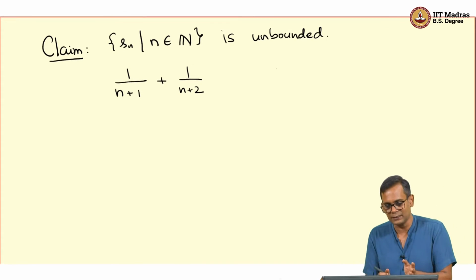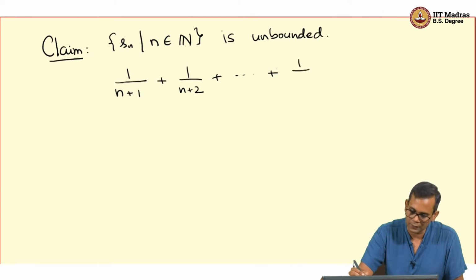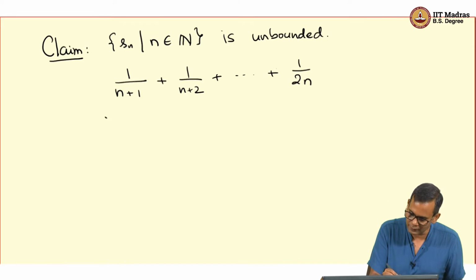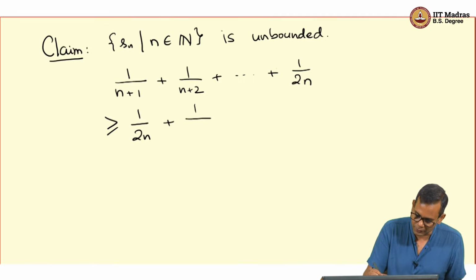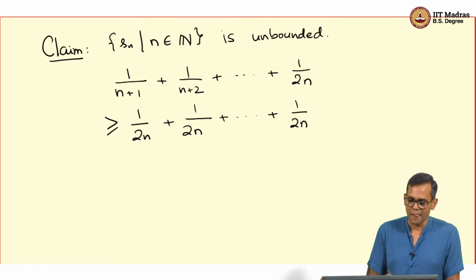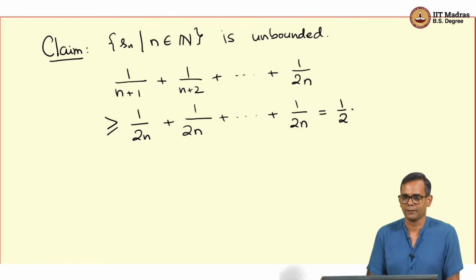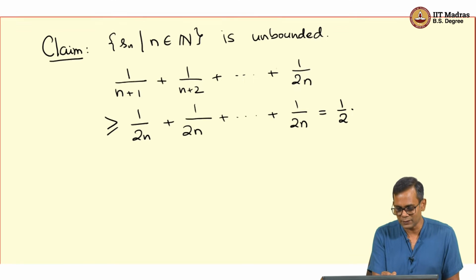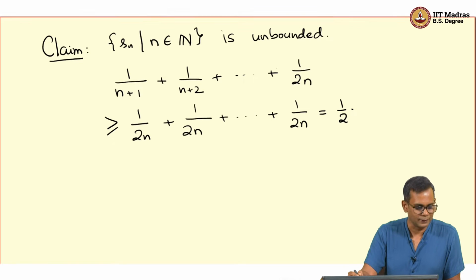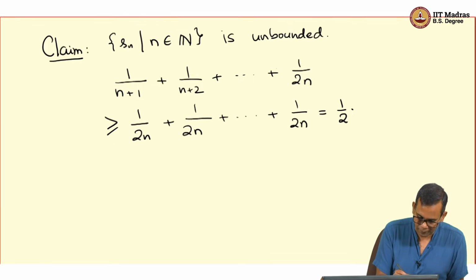So, wherever I start in this series, if I take enough terms, so I go up to 1 over 2n, then 1 over n plus 1 is greater than 1 over 2n. 1 over n plus 2 is also greater than 1 over 2n, well, provided n is greater than 2, and so this is greater than n times 1 over 2n, but that is just equal to 1 by 2. So, if I take terms of the series starting from n plus 1 up to 2n, that is going to be greater than half.